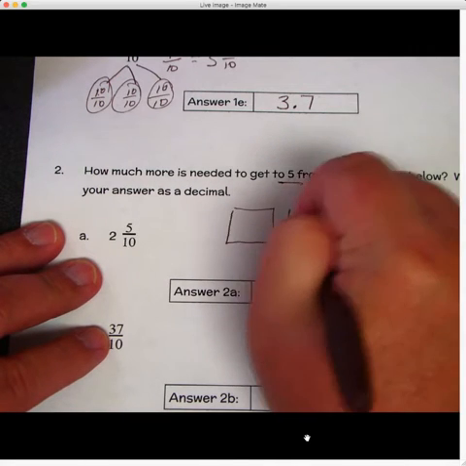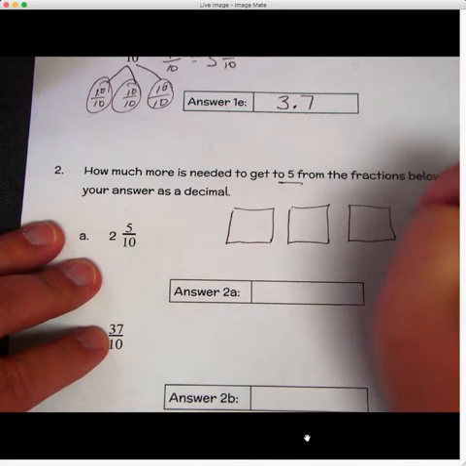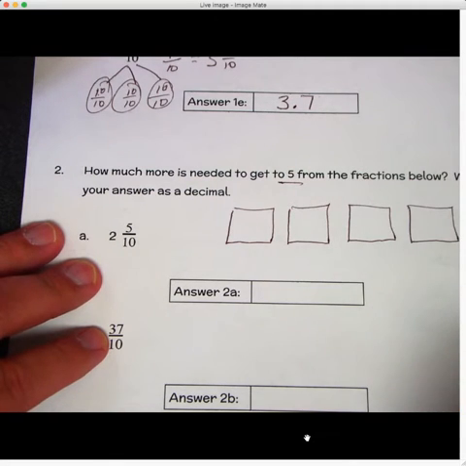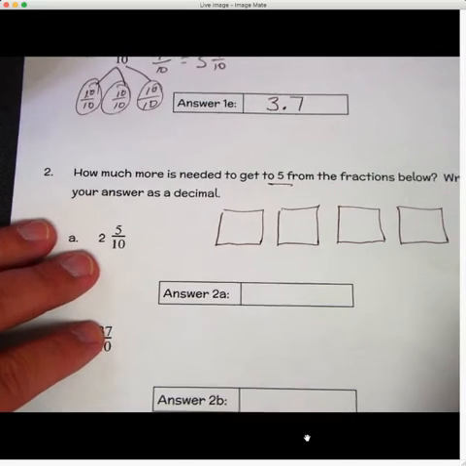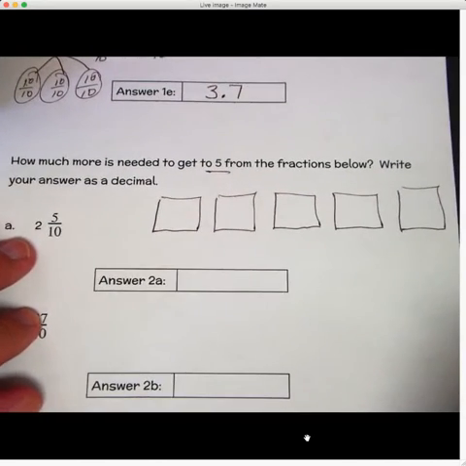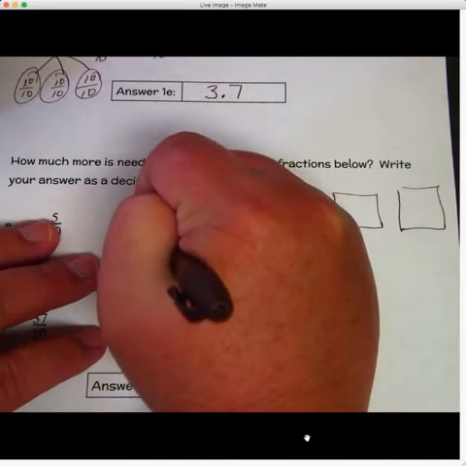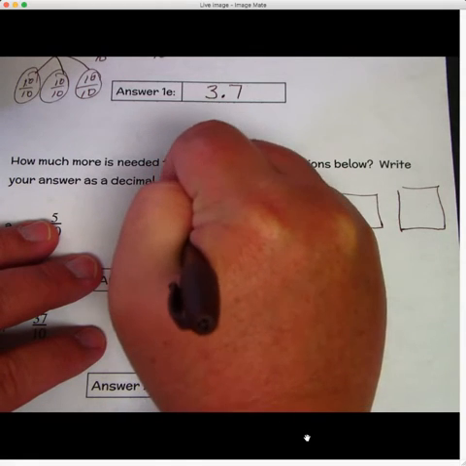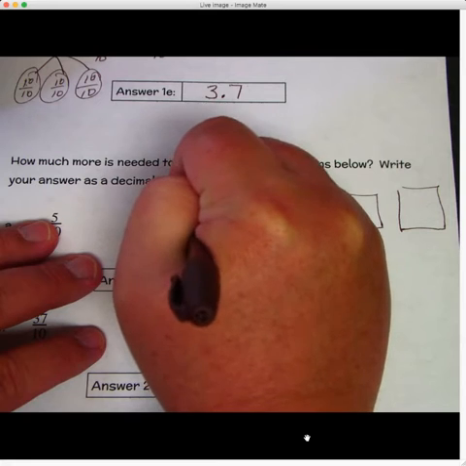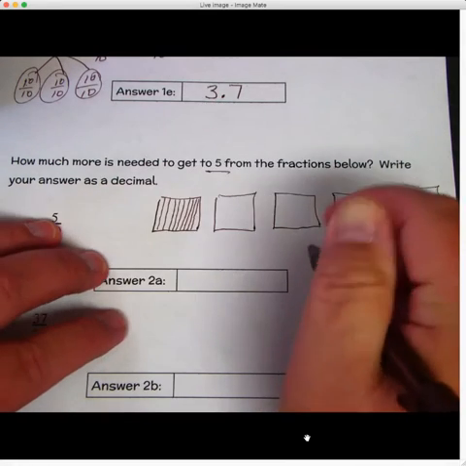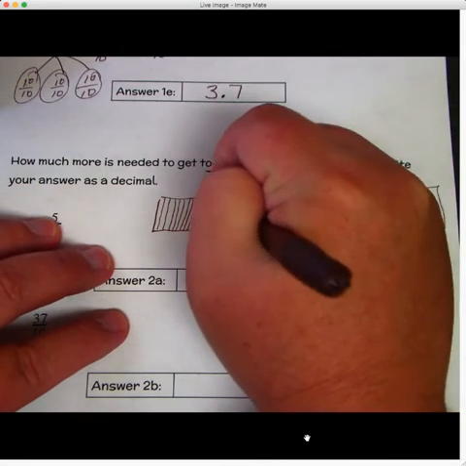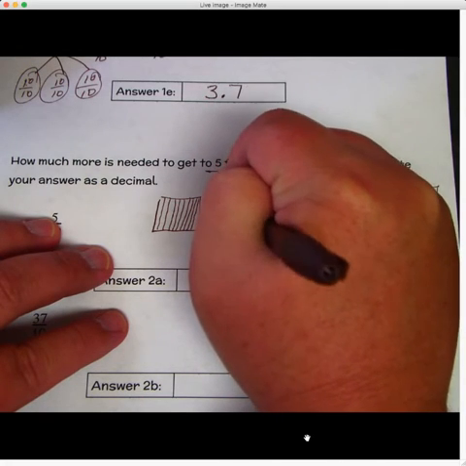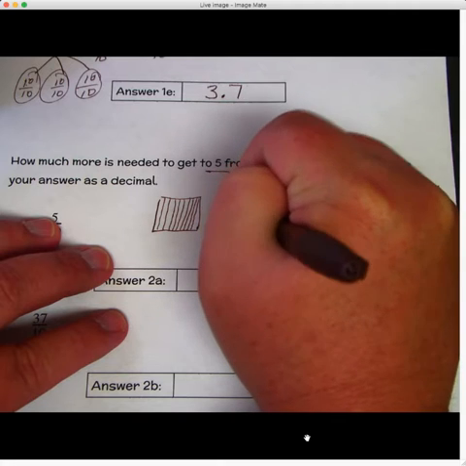So 1, 2, 3, 4, 5. Now I'm going to make these boxes tenths, okay, which means I'm going to make 9 lines. 1, 2, 3, 4, 5, 6, 7, 8, 9. Didn't make them small enough.